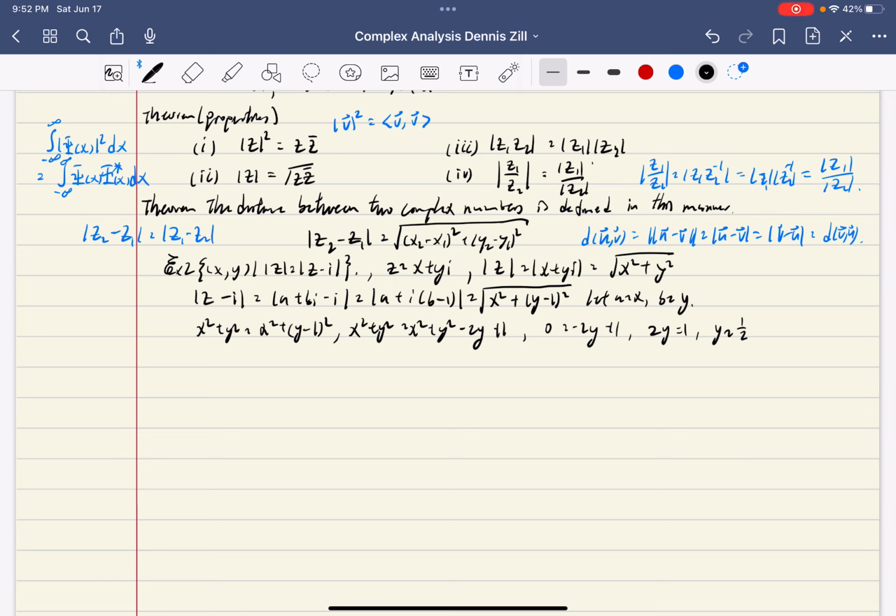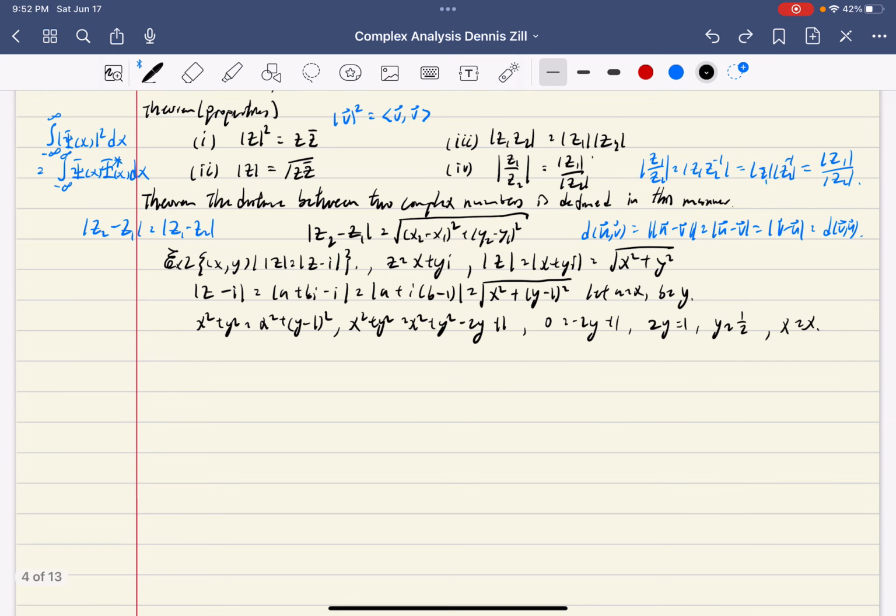So if y is equal to 1/2, what about x? We don't know what x is. If you subtract all the y terms, you only want to calculate the x terms, so that is basically x equals x. So the z that you're trying to find, x is not constrained.